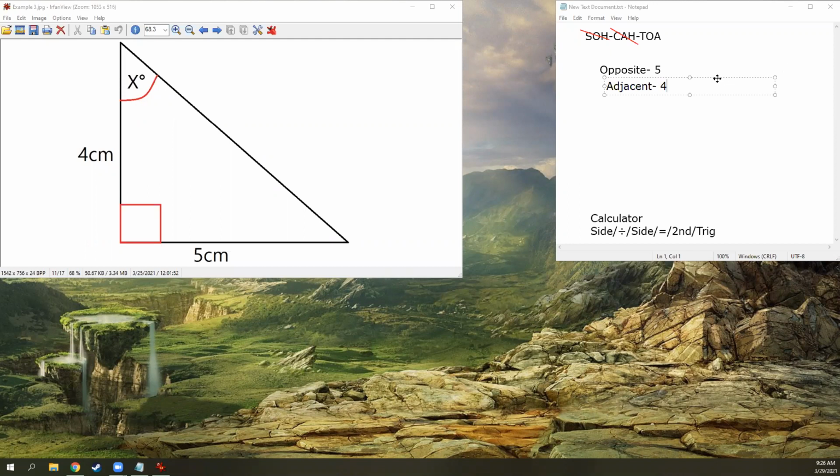All right. So we got TOA, OA. So we set it up. Tangent of x degrees equals, and then TOA is opposite over adjacent. So opposite is 5 and adjacent is 4.